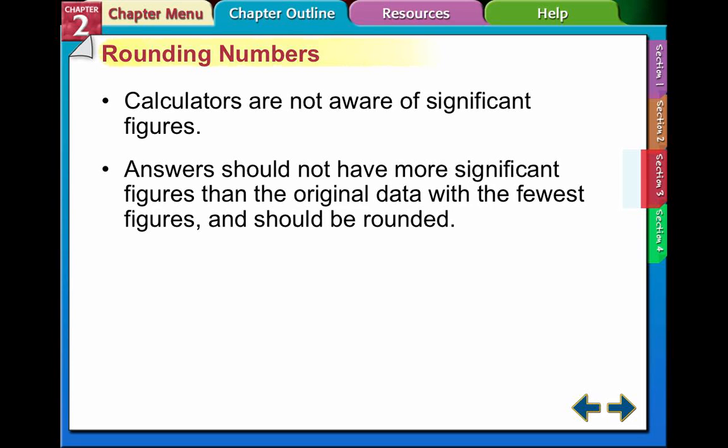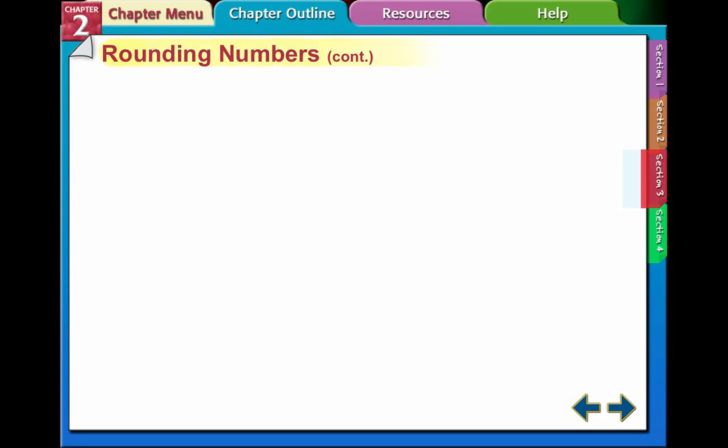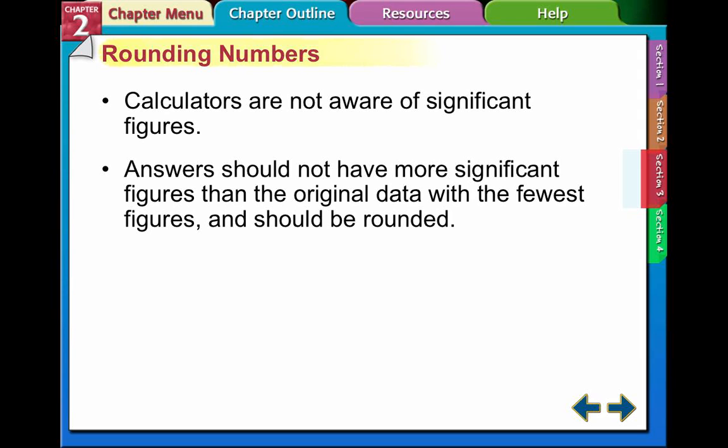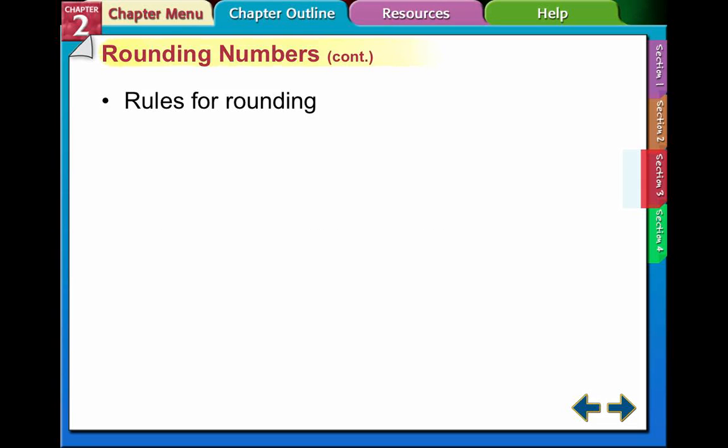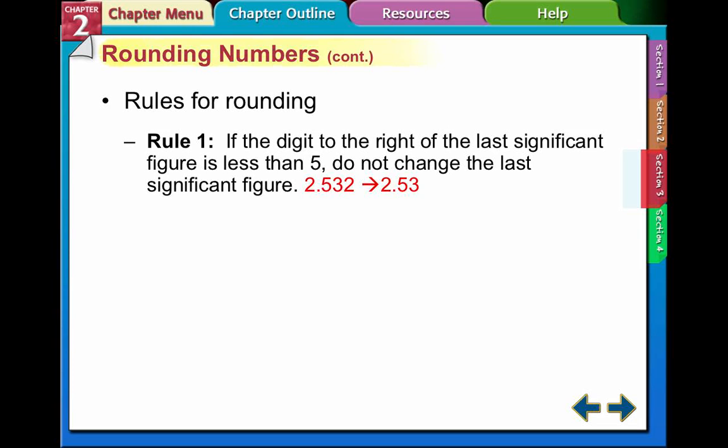When you round numbers, remember, when you're using calculators, the calculators aren't aware of the actual problem. The answers should have no more significant figures than the original data with the fewest figures. So you need to go back to the original problem and calculate the significant figures. Your answer should have the same number of significant digits as the lowest in the problem. Rules for rounding.